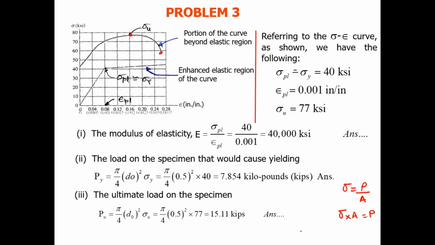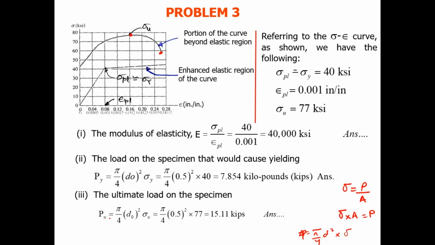Here the area is pi by 4 d square. So we can multiply pi by 4 d square by stress, and we can get P. So here we have Py, and here we have the ultimate Pu.